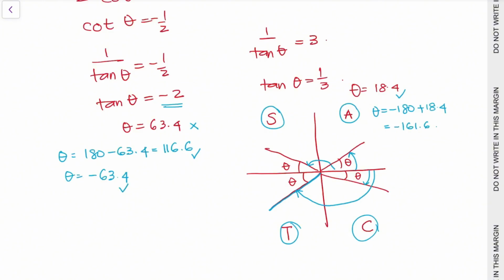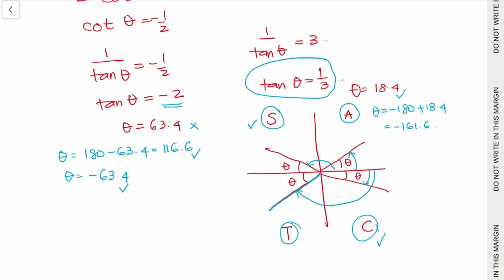The reason why we don't accept 63.4 is because when tangent theta is equal to negative 2, we are expecting our angle would be located in the second quadrant or the fourth quadrant. 63.4 is an acute angle, right? It is located in the first quadrant, so we don't accept that. But 18.4, even though it is an acute, it falls within the positive values of tangent, right?